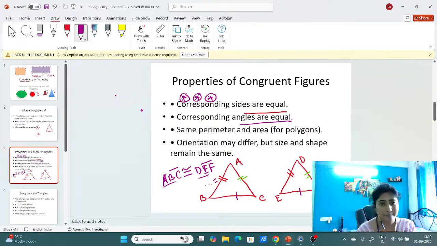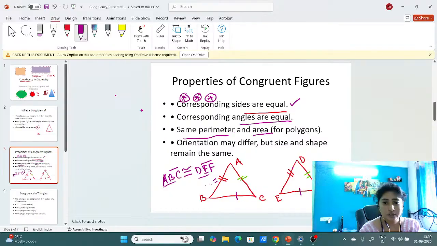So if two figures are congruent, then if their sides are equal, their angles will always be equal, and they will have the same perimeter, same area, and orientation may differ, but they will always have the same size and shape.